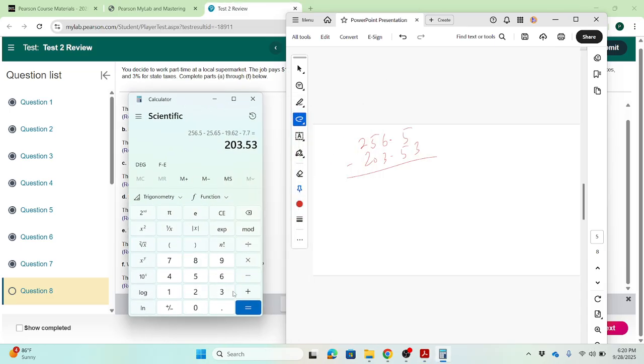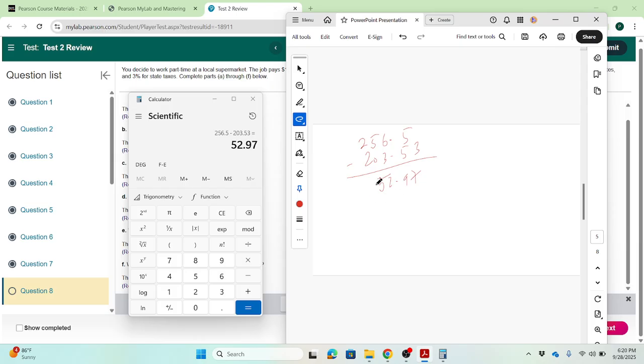I'm going to subtract $256.50 minus $203.53. That's the tax withheld, which is $52.97.